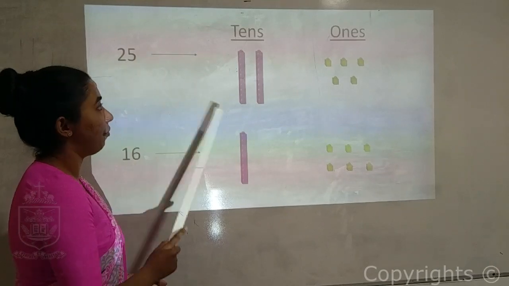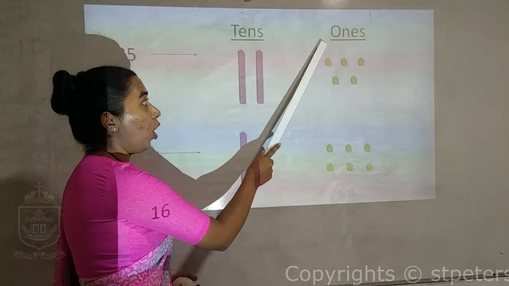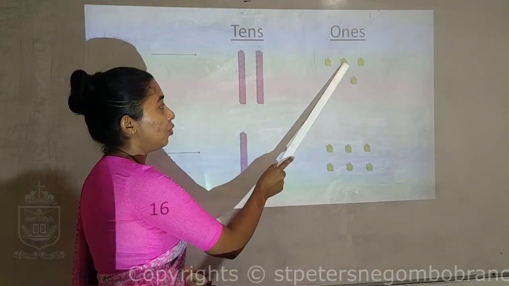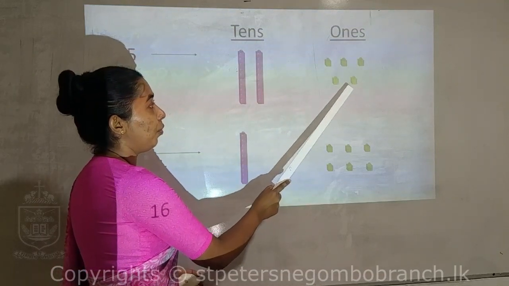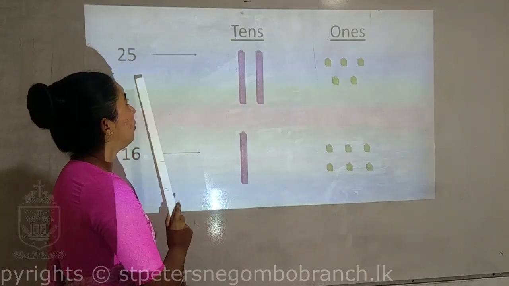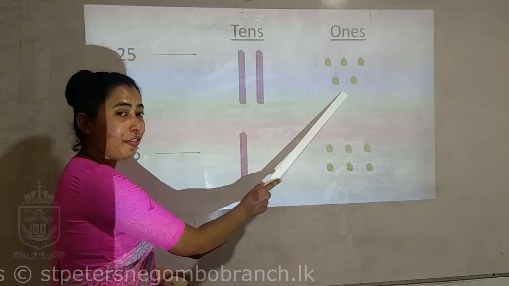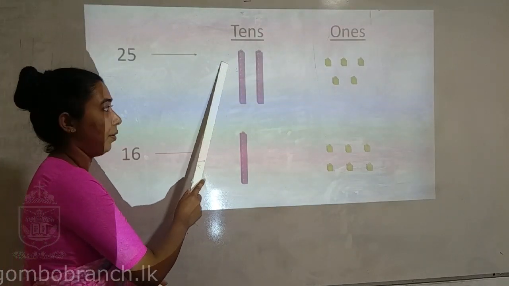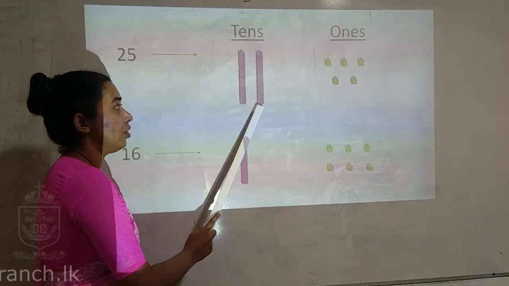In this number 25, let's see how many ones are here. 1, 2, 3, 4, 5. In number 25, there are 5 ones. Tens. How many tens are here? 1, 2.